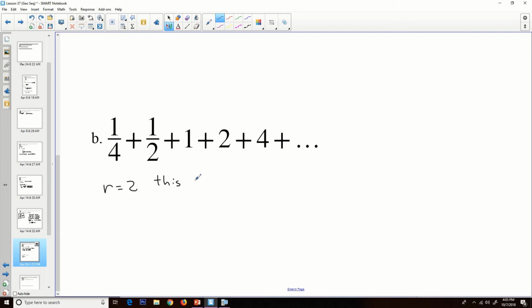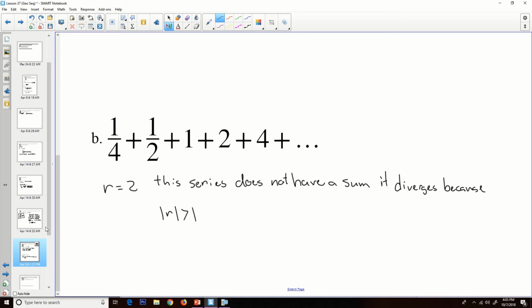This series does not have a sum. It diverges because the absolute value of r is greater than 1. So we don't have to answer that one.